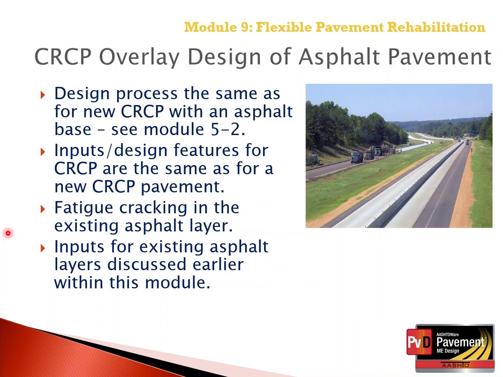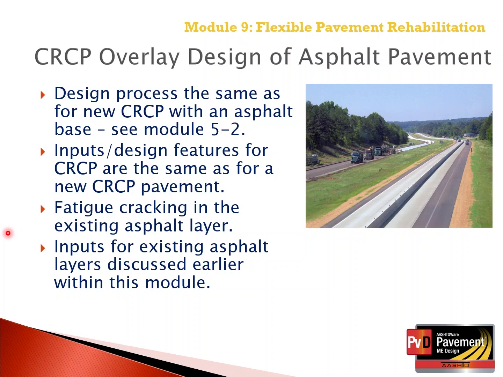The CRCP overlay design process is the same as for new CRCP with an asphalt base, and this was presented and discussed in Module 5-2. The inputs and design features for the CRC overlay are the same as for a new CRC pavement.